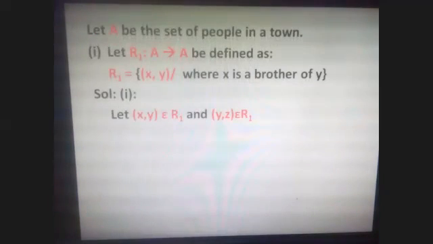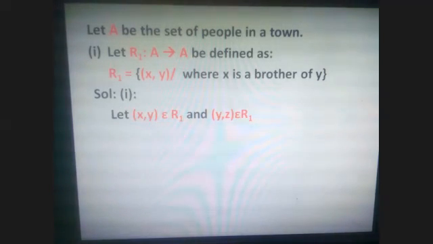Let's take the first one. R1 from A to A, R1 equal to the set of (x, y) where x is a brother of y. Let us suppose (x, y) is a member of R1 and (y, z) is a member of R1. That means x is a brother of y and y is a brother of z. Can you not say that x is a brother of z?